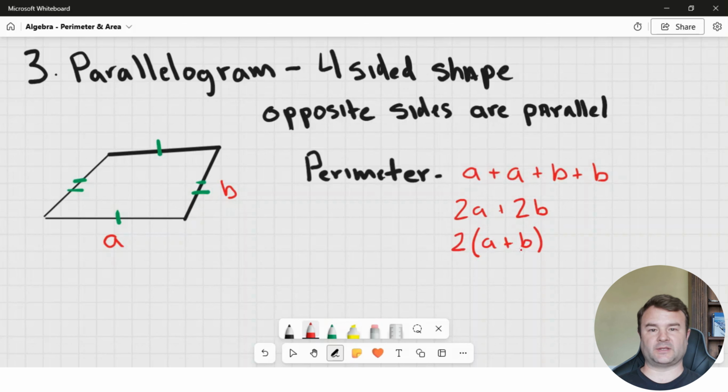So the perimeter is 2 times the length of side A plus the length of side B.